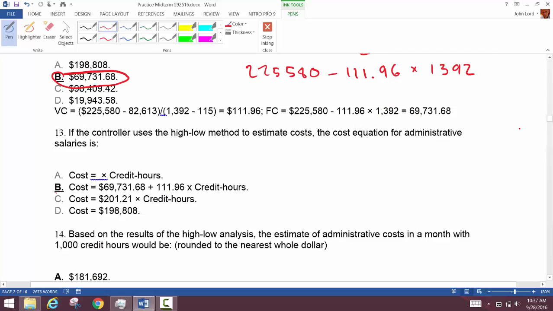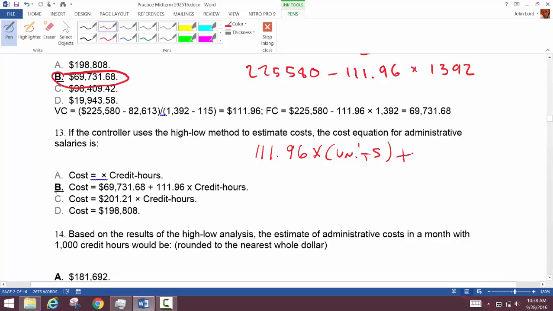So I'm going to do this one. Just looking now at the line that we have set up, the formula that we've set up, whatever the equation that we've set up, it's 111.96 times what? Times whatever the number of units are, and we can now do this for any number of units, plus what?